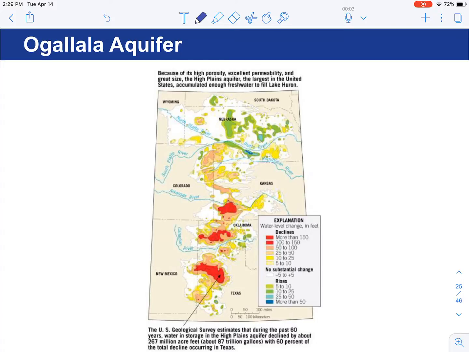So there's really only one area up here by the Platte River in southern Nebraska where the water table has increased in its height rather than dropped in its depth.